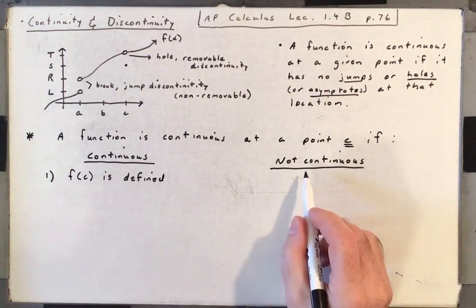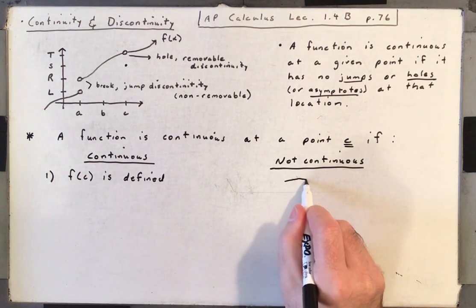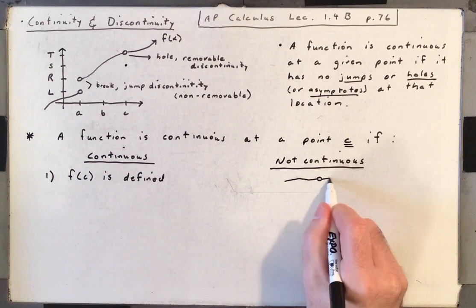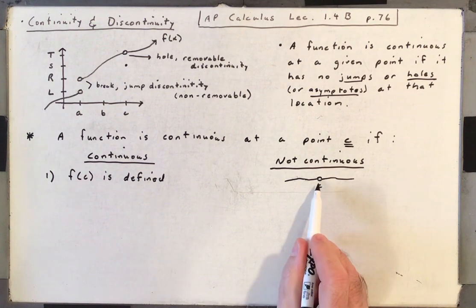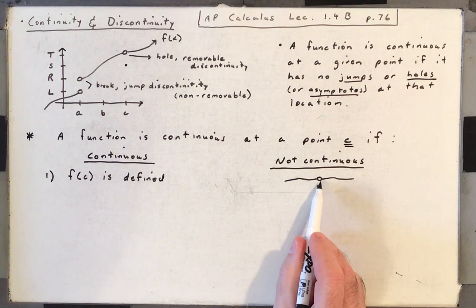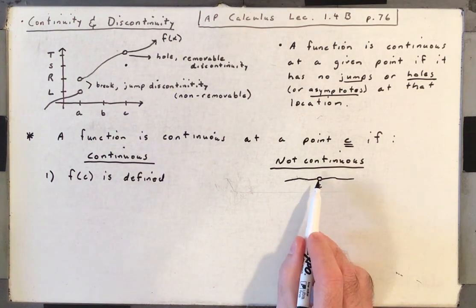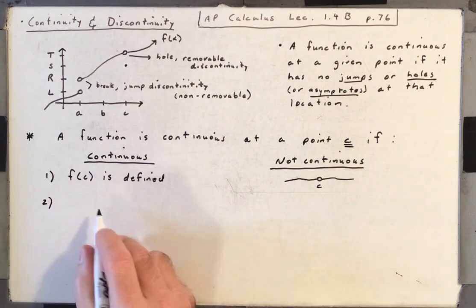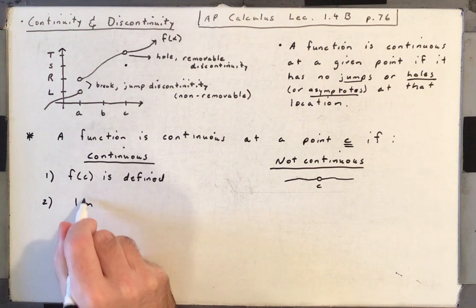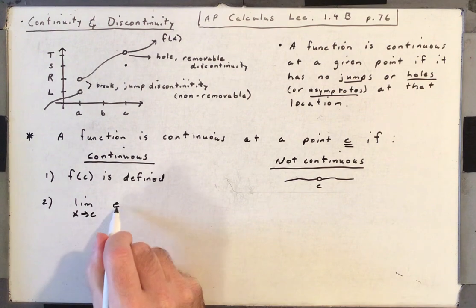So what's an example of a discontinuity at C? Something like this. If you had a hole at point C, then that would not be continuous. A hole is undefined. That means there's a zero in the denominator there. Even though you can take a limit there, a hole is a discontinuity. Rule 2: the limit as x approaches C exists.